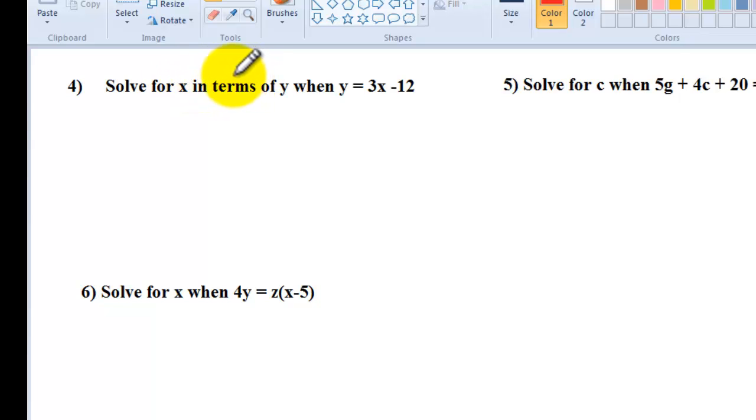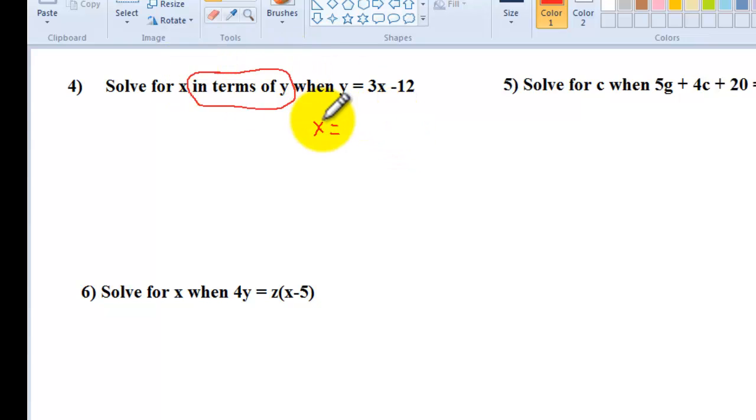in terms of y. And it's kind of a funny statement there. And this is not different in what you're going to do with this problem here. Solve for x. For x in terms of y means that you're going to have x equal numbers and the letter y is going to be included on this side of the equation.